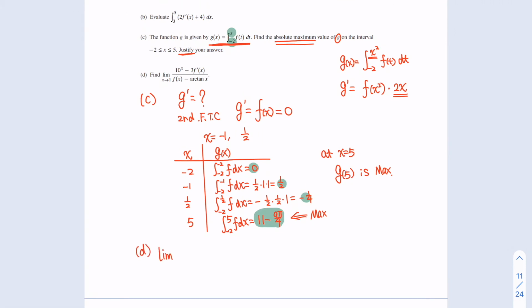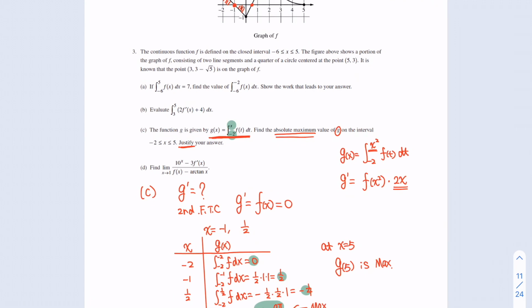Part D: we are looking for the limit as x approaches 1. When we solve for a limit, the first step is always to plug it in. So when we plug it in, 10 to the first minus 3 f prime at 1, over f(1) minus arctangent of 1. You have to check to make sure it's not 0 over 0. If it's 0 over 0, we can use L'Hopital's rule. 10 to the first is 10. 3 times f prime of 1. f prime at 1 is the derivative of f at 1, the same as the slope at 1.